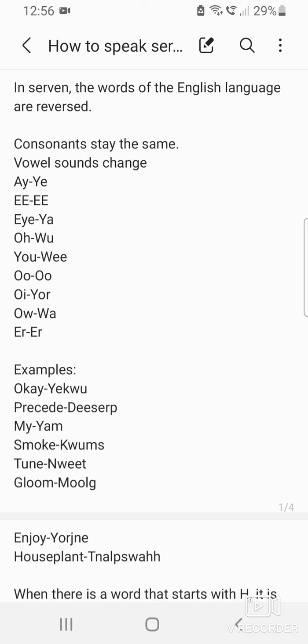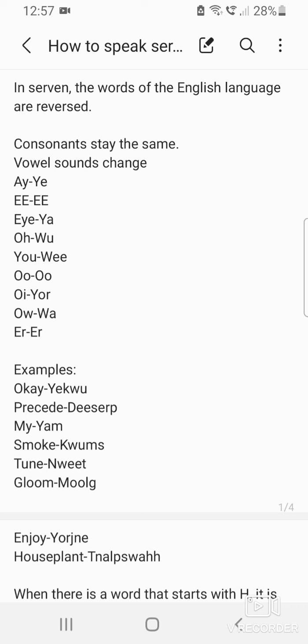So, consonants stay the same, and vowel sounds should change. For example, the sound A will change, but not the sound of any of those. Bob, it's very plain, would still be Bob.